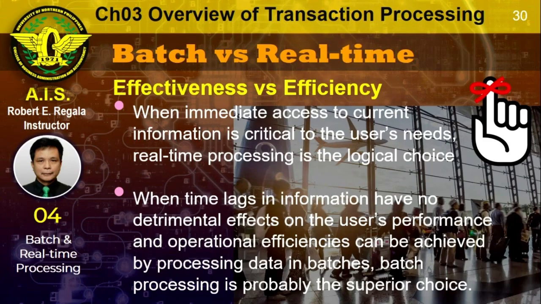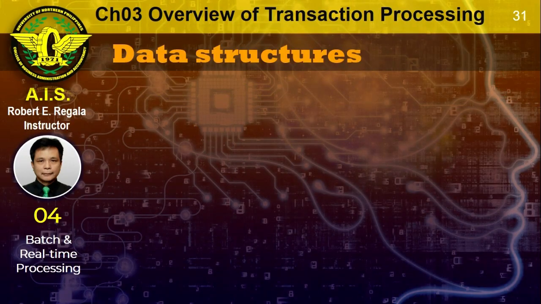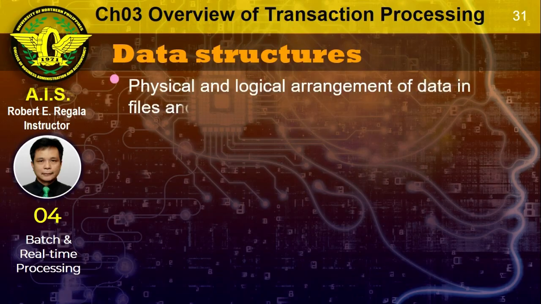Batch and real-time processing can both be used in a single process, as we shall see later in the revised version of our previous illustrative example of a simple sales order process. We first look at data structures. Data structures influence the processing method the entity may adopt.